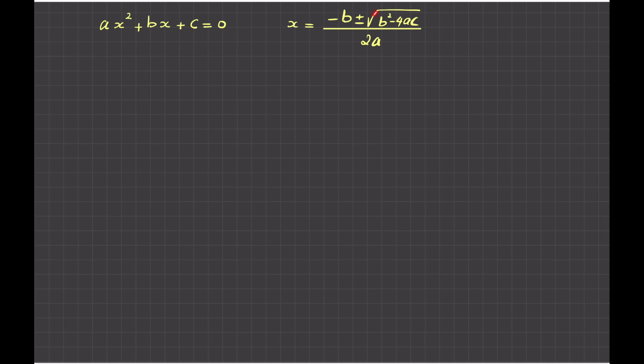And then if you have a natural number here and these are also natural numbers, then the combination will definitely be a rational number. So in order to show that it is not possible for this equation to have a rational root, we need to prove that under the condition that a, b, and c are all odd numbers, b squared minus 4ac, the discriminant, cannot be a complete square.